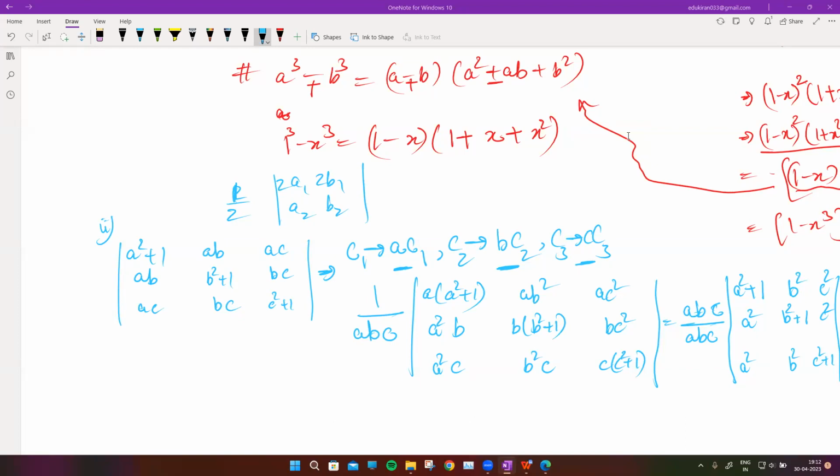What did it do? It made our elements same. Now actually you can solve this question very easily. After doing this, can you spot how to solve it?